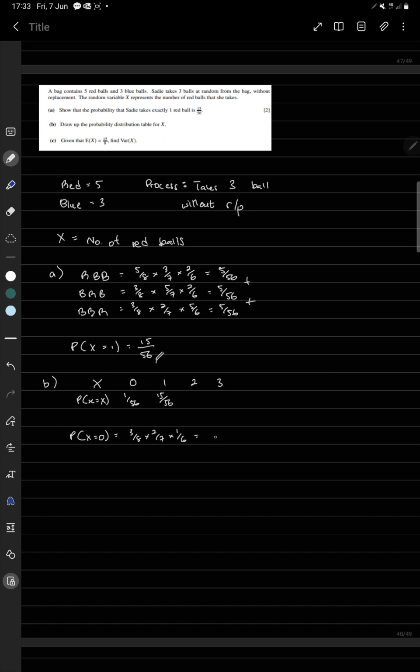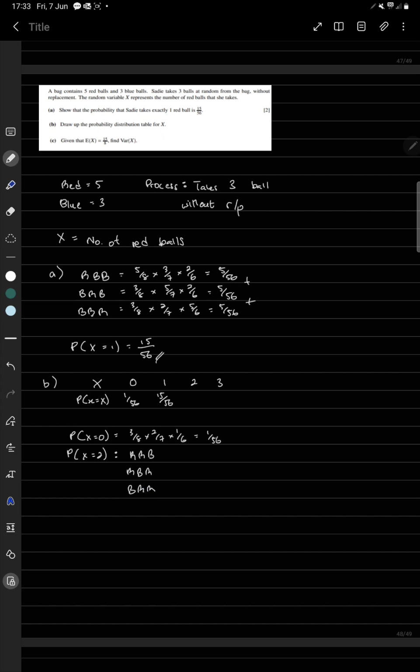For when X is equal to 2, the possibilities are red, red, blue, and then red, blue, red, and also blue, red, red.